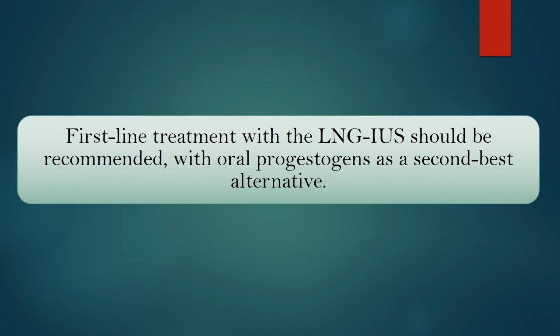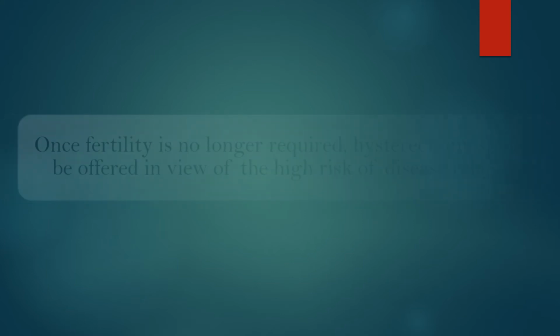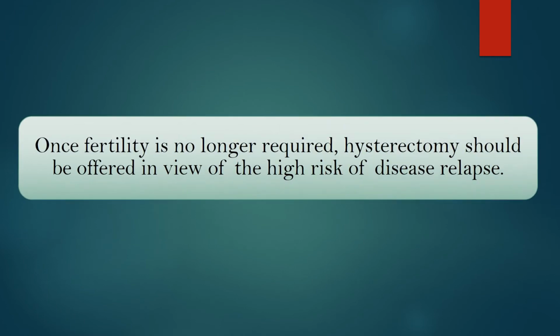First-line treatment with the LNGIUS should be recommended, with oral progestogens as a second-best alternative. Once fertility is no longer required, hysterectomy should be offered in view of the high risk of disease relapse.